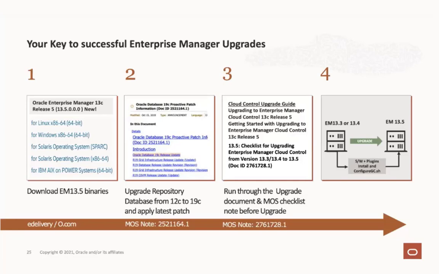Once you're done with that, run through the upgrade documentation to see what prereqs we have updated. Make sure you are checking all those prereqs in your environment, and also verify with the MOS checklist note that we have put on MOS for the upgrade. So verify all those things.